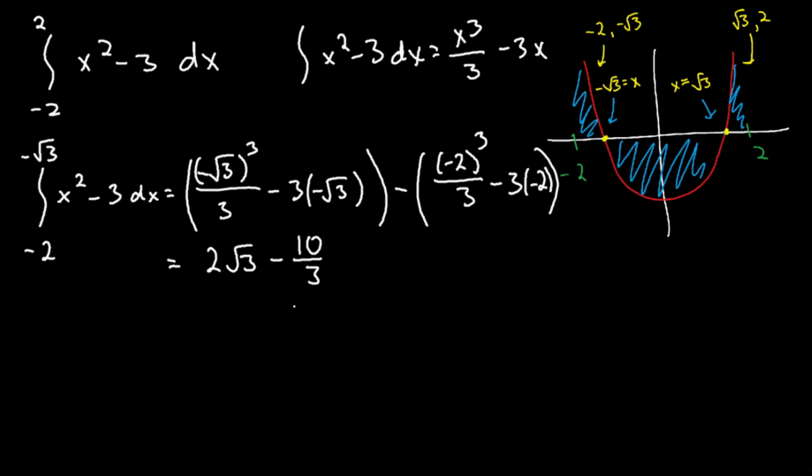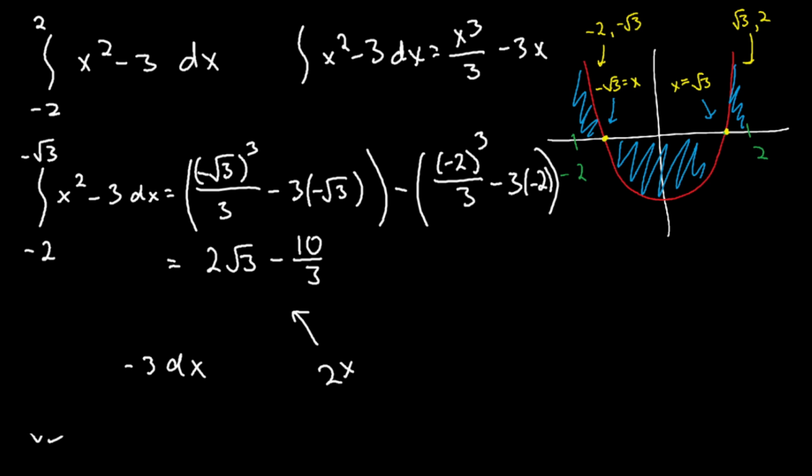Plug this into a calculator, you're going to get some positive number. It's like 0.15 or something like that. But what we can actually do is, rather than solving the integral from the square root of 3 to 2 for our function, since this function is symmetric, we could just multiply this area by 2 to get both of these areas.